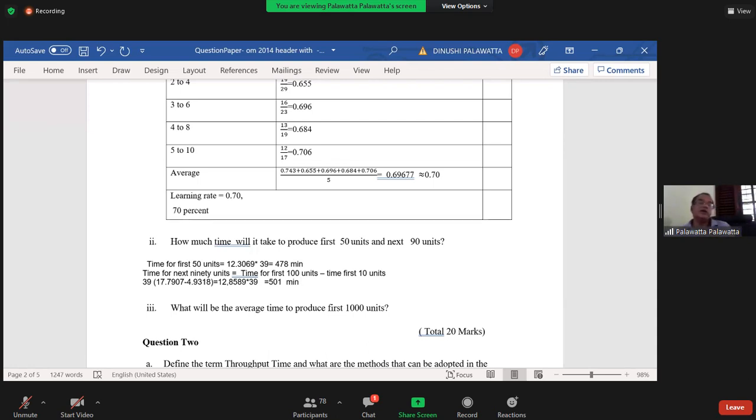And then we have a question: what will be the average time to produce the first 1,000 units? See, you go through the table, right? Now the question here is not about 50 to 100.